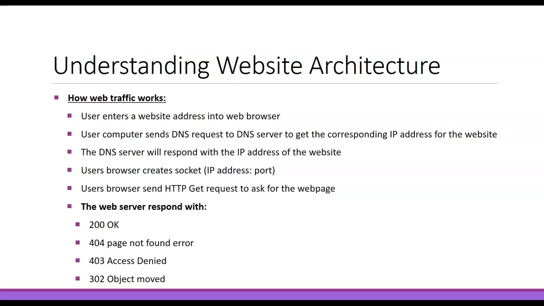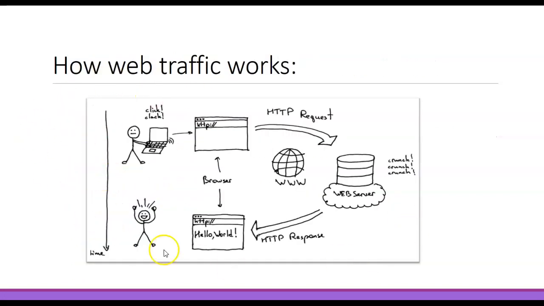Okay. In order to understand more, let's see this diagram. You are the user and you will enter the URL you want to visit. It will go to the DNS server and the DNS server will give you the IP address. After you get the IP address, you get the socket, which is the connection.